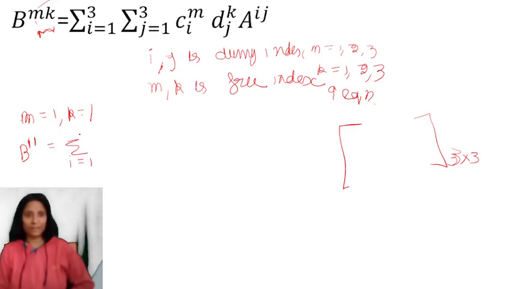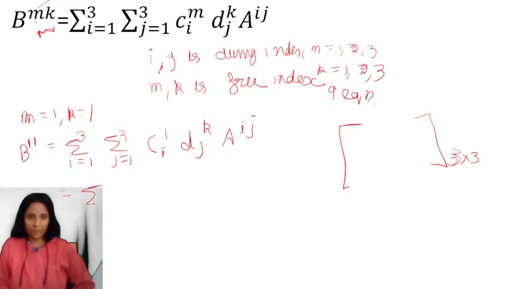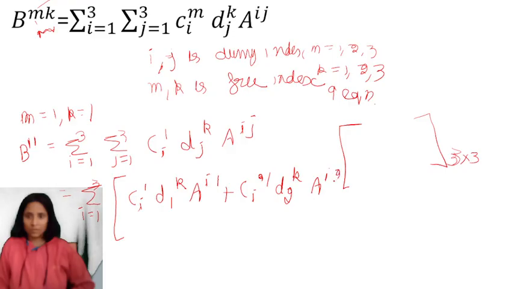Okay, I expand this summation now. First I am expanding j. The 1 k remains the same: a_1^1 b_1k, then a_2^1 b_2k, plus a_3^1 b_3k.